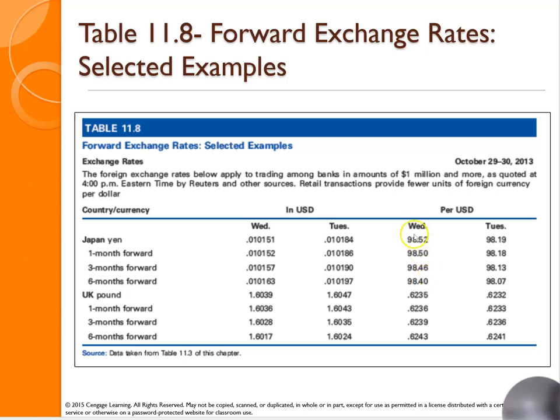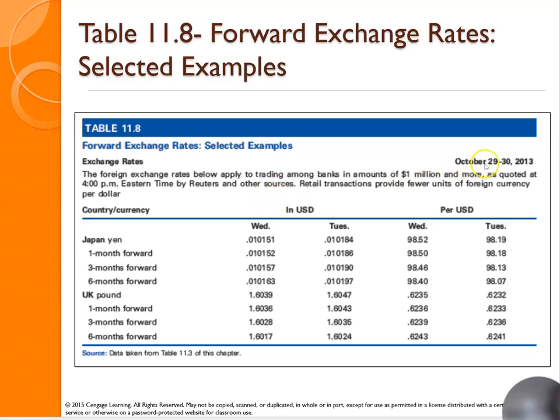This is selected examples of forward exchange rates. Again, the foreign exchange rates below apply to trading among banks in amounts of 1 million and more, as quoted by 4 p.m. Eastern Time by Reuters, which is a news service, by the way, and other sources.